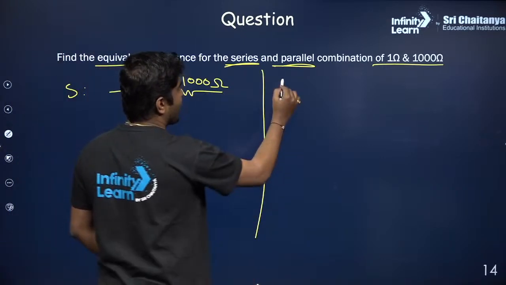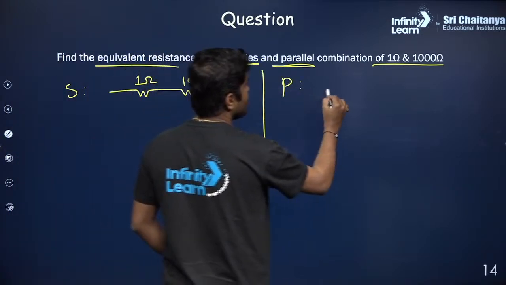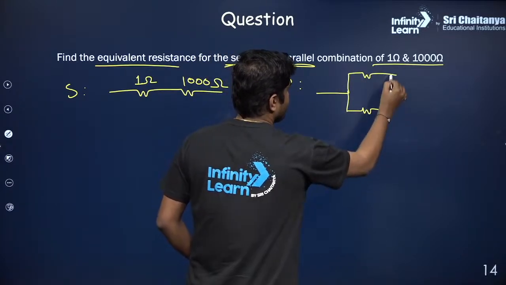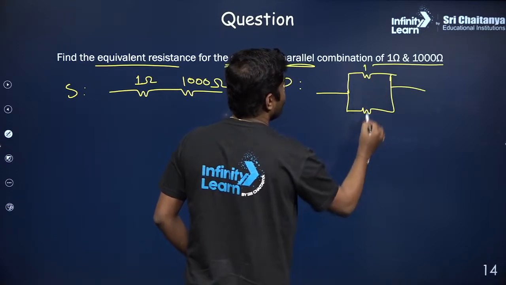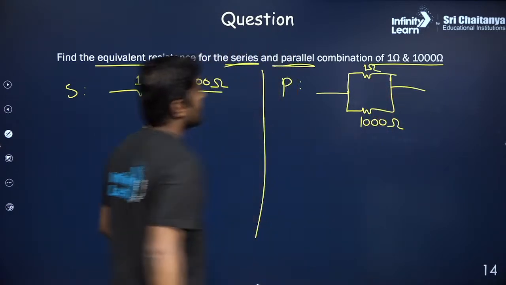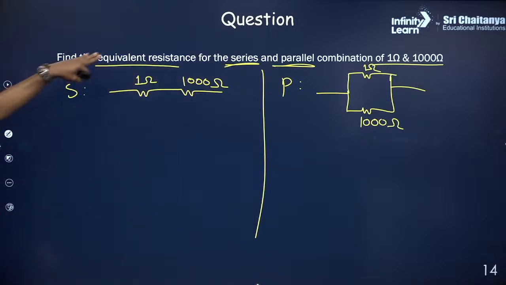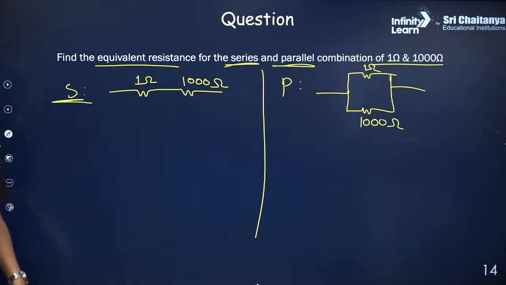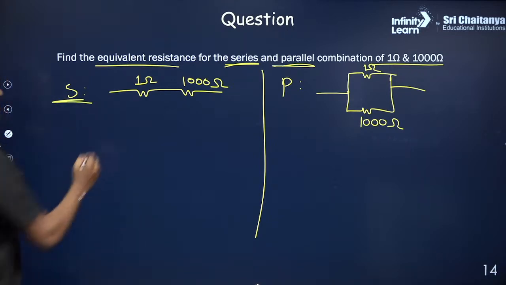And another is the parallel combination. So we have 1 ohm and 1000 ohms. We need to calculate the equivalent resistance. For series, it is very easy. You can calculate within seconds.